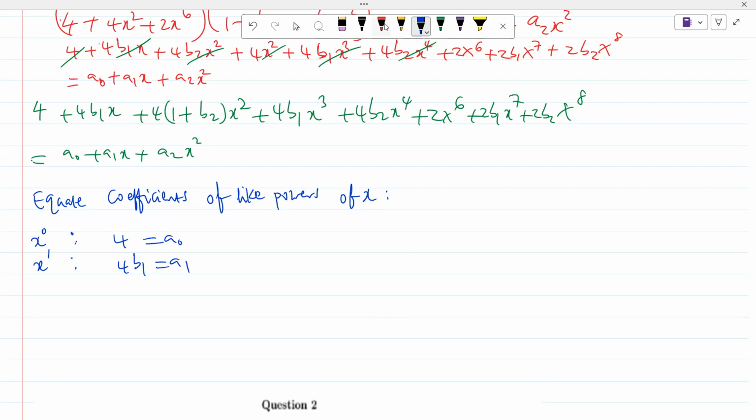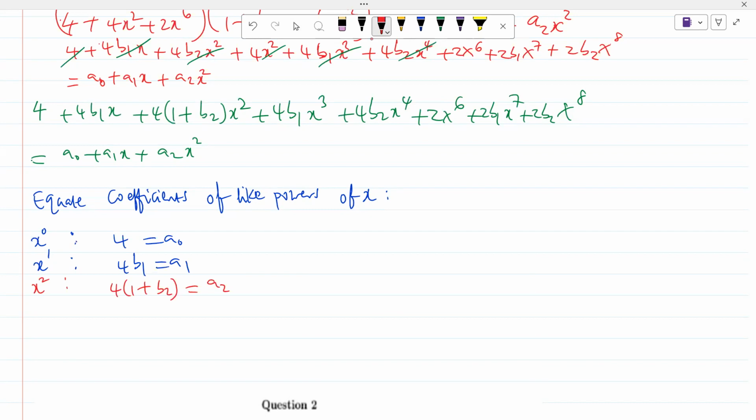Now the quadratic terms: 4 into 1 plus b2 is equal to the quadratic on the other side, a2.